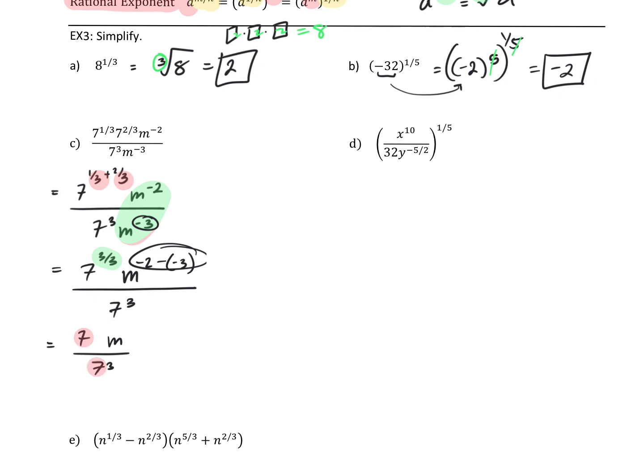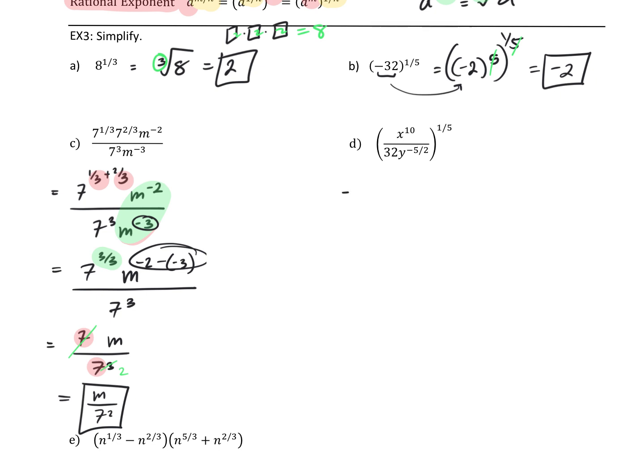So we're going to use that quotient rule again. Or, actually, a simpler way would be to just cancel a 7 from the top and the bottom. So we'll take away one 7 from the top, and we'll take away one 7 from the bottom, which leaves only 2 in the denominator. And we have m over 7 squared. And we're done. Again, there are different ways to do these problems, so if you have a different method and you want to know if it's correct, again, send me an email.